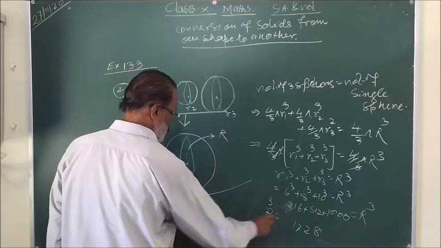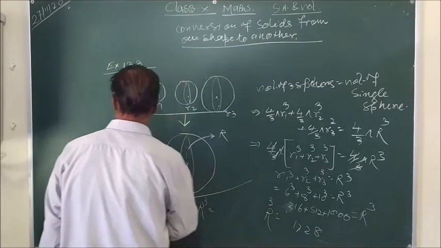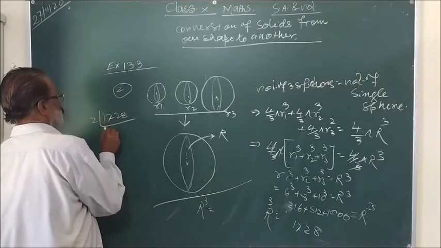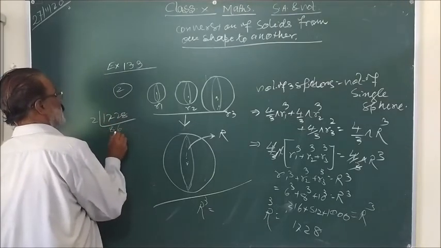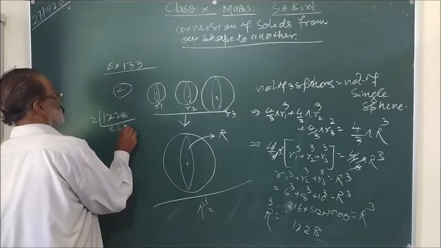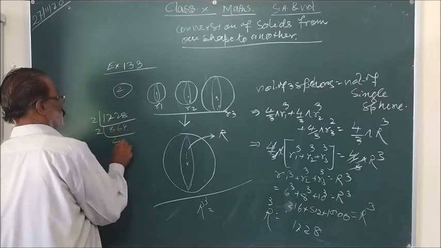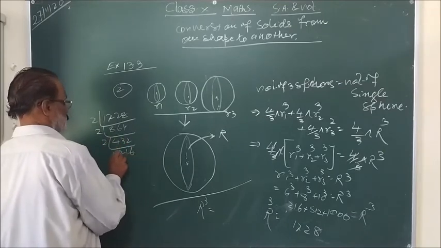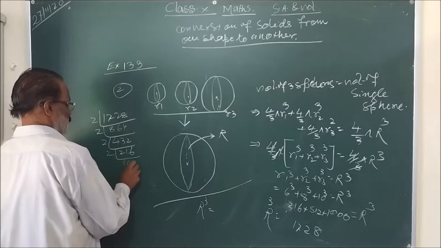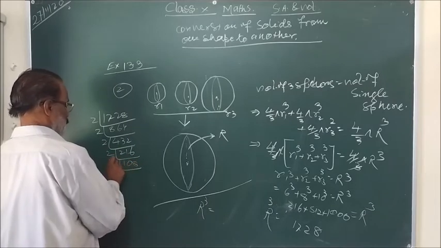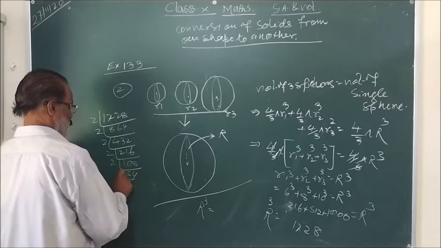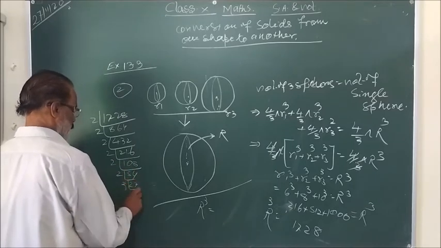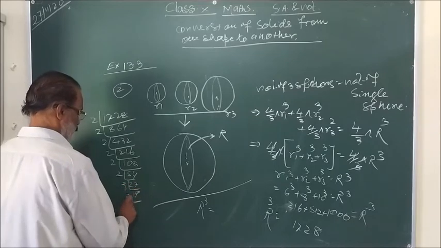And if you find the factorization, it will be like this. 1728 divided by 2 is 864, 432, 216, 108, 54, then 27, then 3, 9, 3, 3.